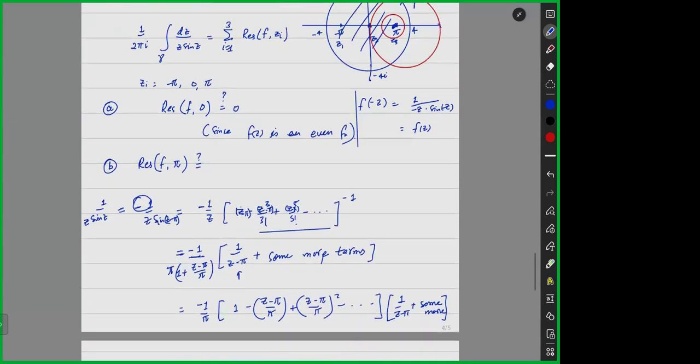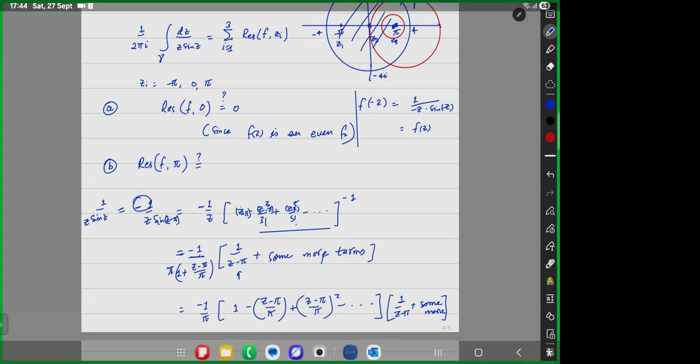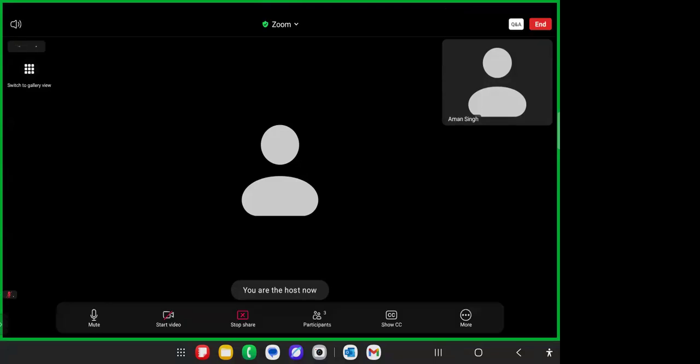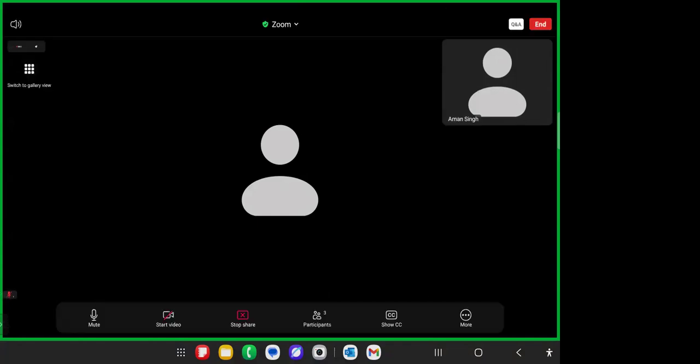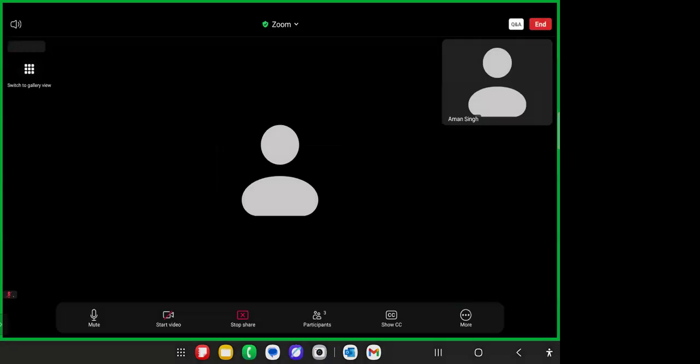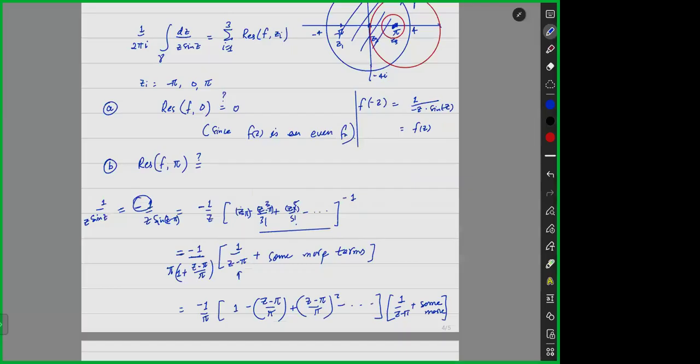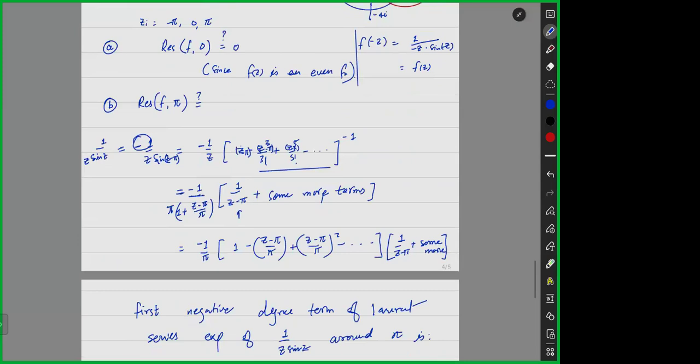The integral is expected to be 2 by pi. So actually, I have got some problem here.